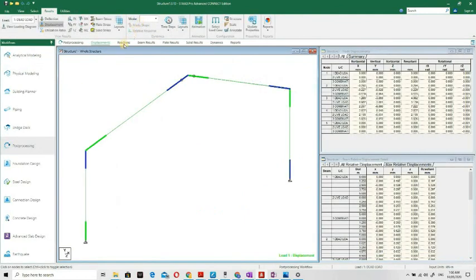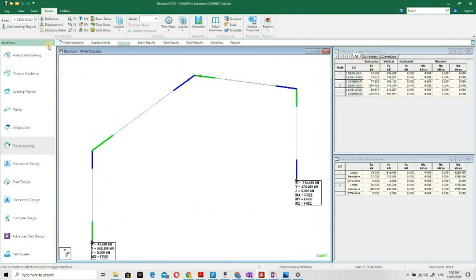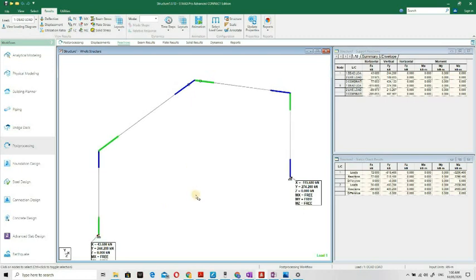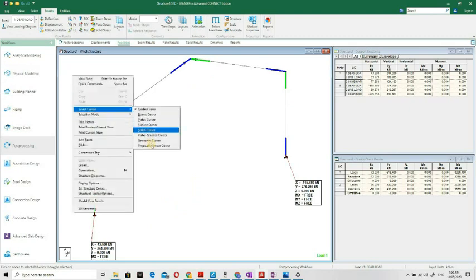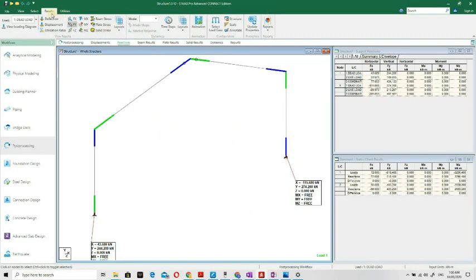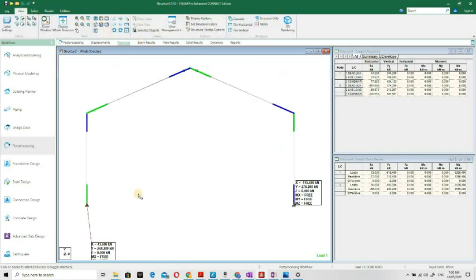So, na-run ko na yung analysis. Tingnan natin yung reactions natin. So, reactions ng dead load. Okay. So, we have 43.68 kilonewton along X. Okay. So, papunta yun doon sa right side. Yung sinusunod dito ng StatPro is yung global directions natin.